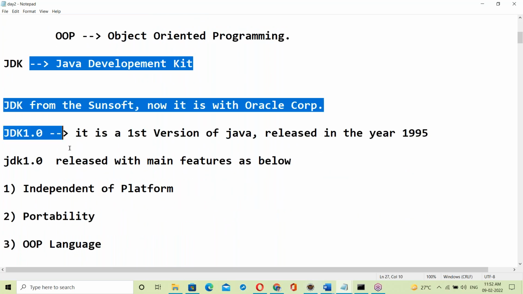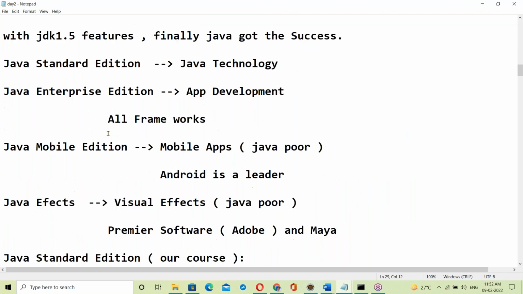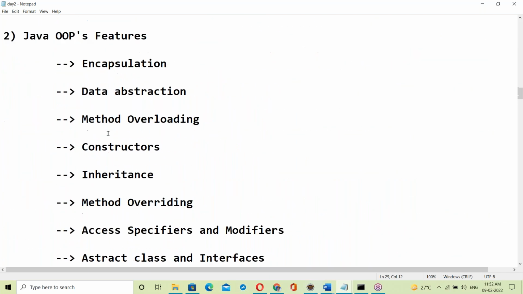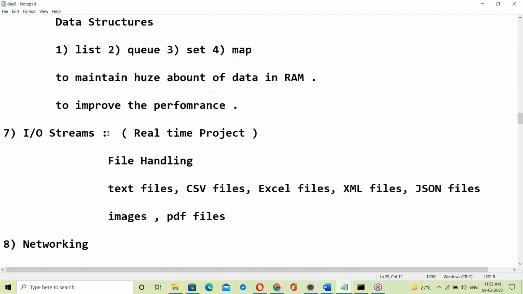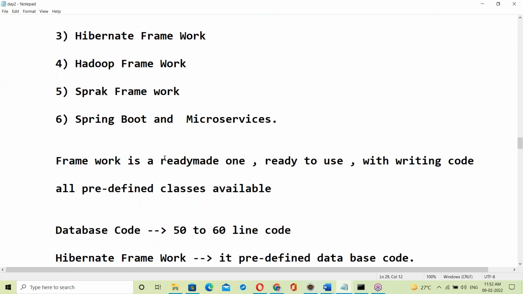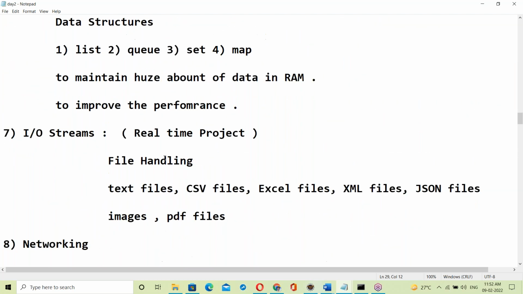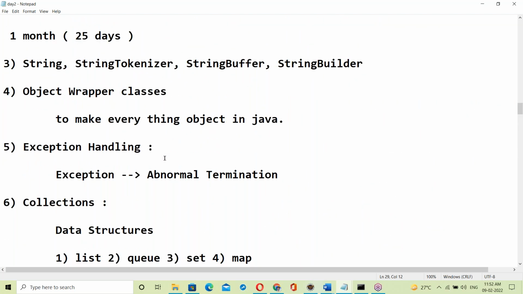The Java history was discussed. Next, the present situation of Java and all the things were discussed. So yesterday we covered complete Java: the history and past, the present situation, and the future of Java also.